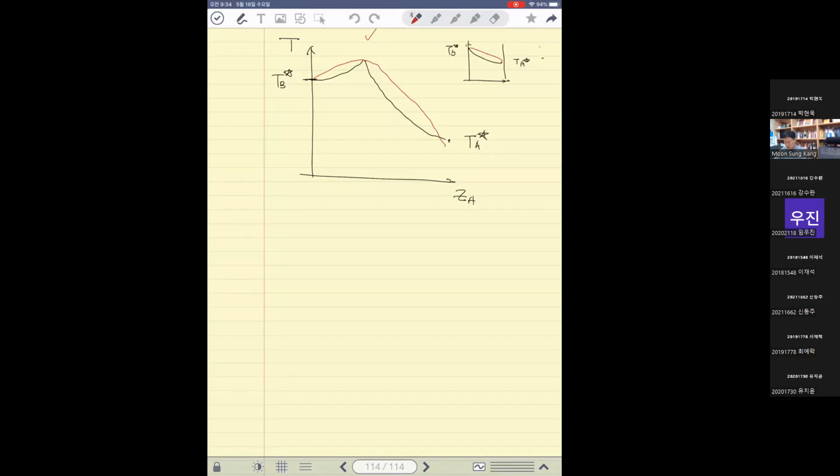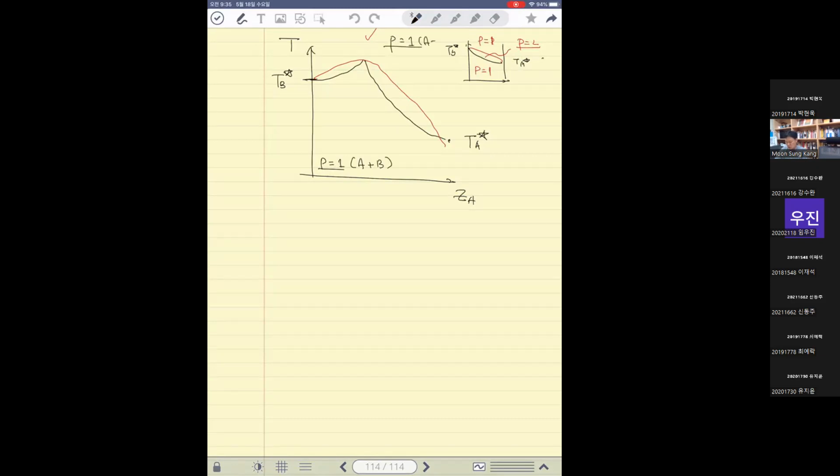And what's the message that we can learn from this phase diagram? Same as here. Here I'm going to have pure liquid phase. I'm going to have pure vapor phase. Here I'm going to have liquid and vapor phase in equilibrium, right? Likewise, here I'm going to have pure liquid phase only, and this liquid phase is going to be a mixture of A plus B. Here I'm going to have a single phase.